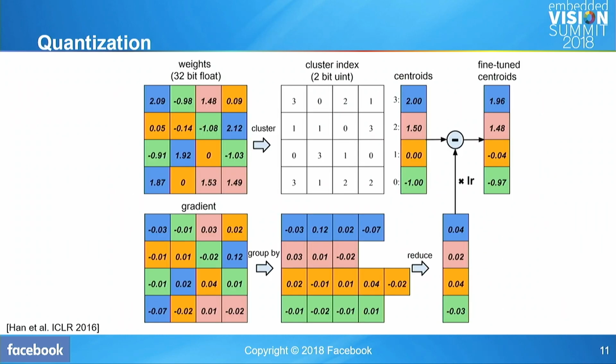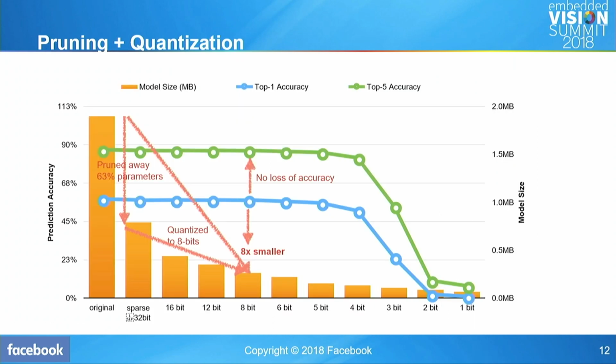In terms of quantization, you can store the weights based on clustering. Store only the cluster centers, compress that, and store only the index for these different clusters. When you are training these models, you can update these cluster centers as well as the weights themselves. In this figure, you can see some of the experiments with different quantization and pruning.